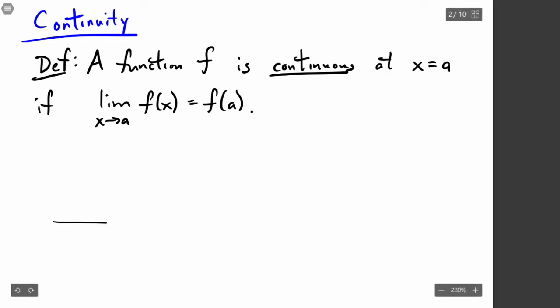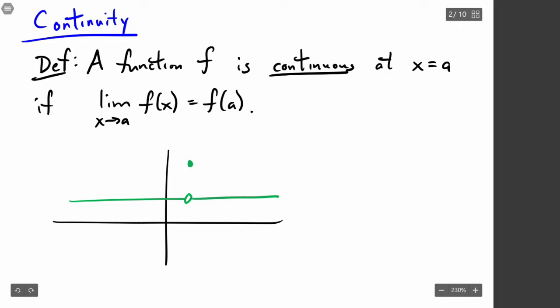Think, for example, a function that looks something like this, right? A function that looks like that. If this is your function f of x, this is a down here.